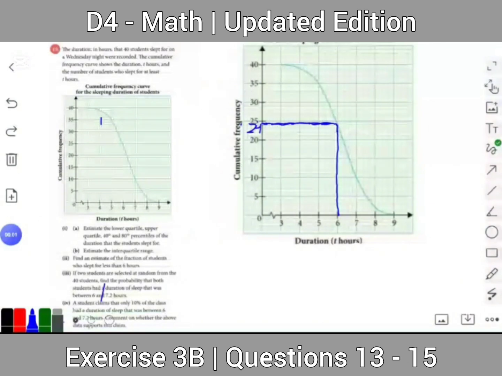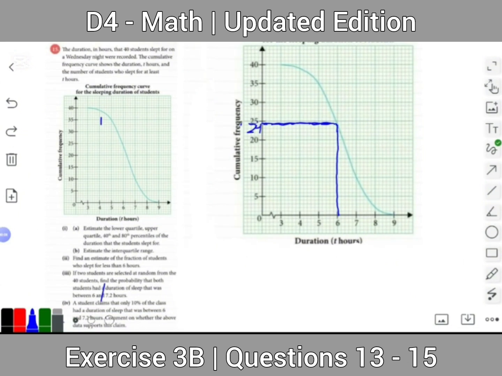In part 3, if two students are selected at random from the 40 students, find the probability that both students had a duration of sleep that was between 6 and 7.2 hours.